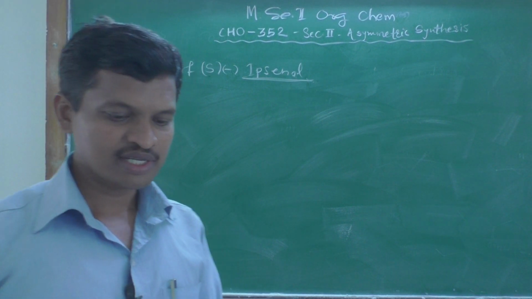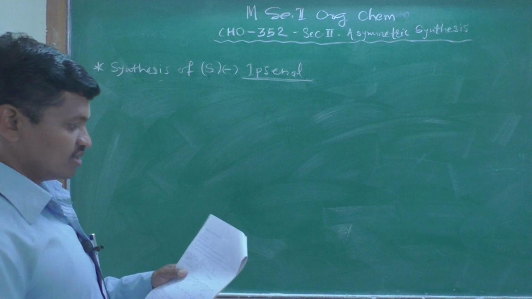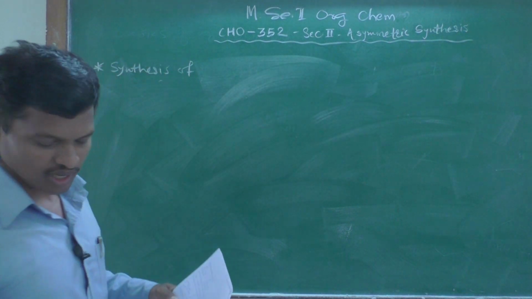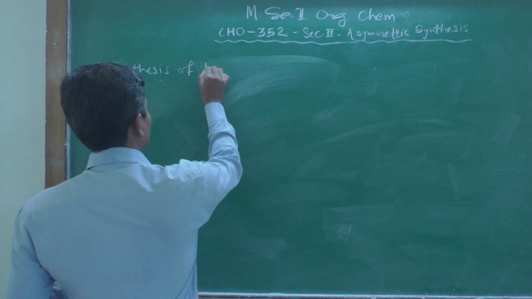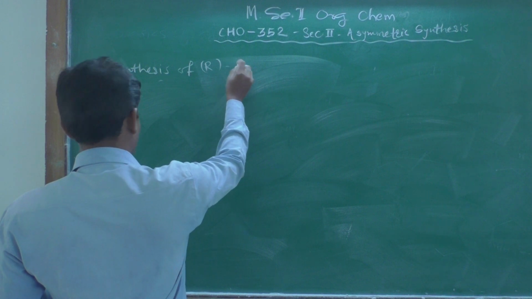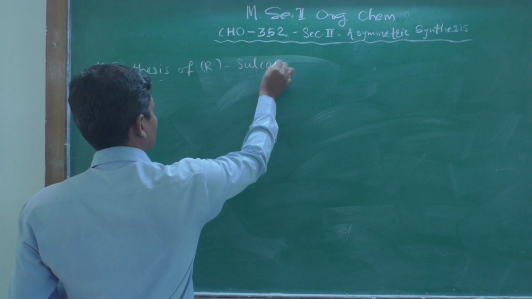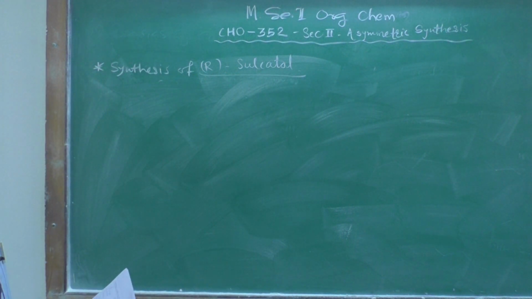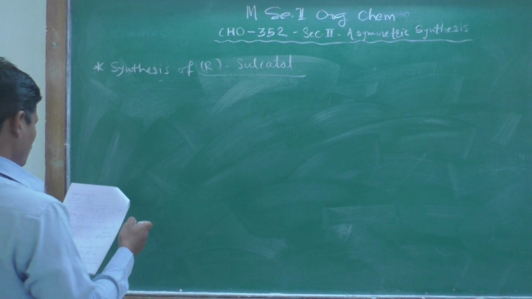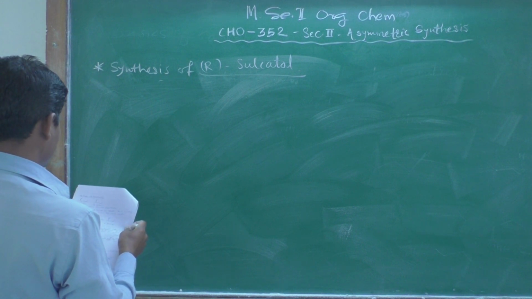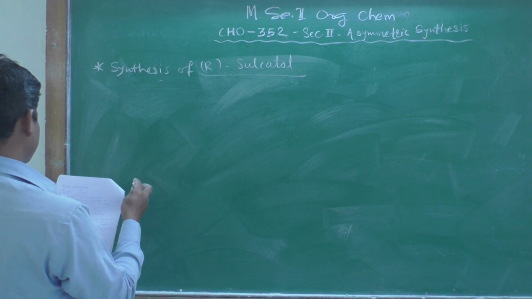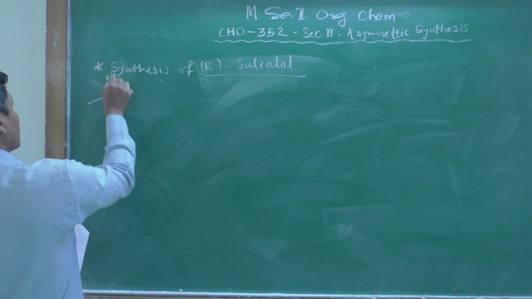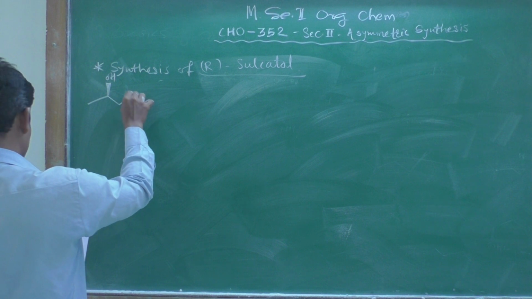And the next example is the synthesis of R-sulcatol. All these examples and reactions are important from your exam point of view. Okay, so I am drawing here the structures of R-sulcatol and S-sulcatol. OH, CH2, CH2.